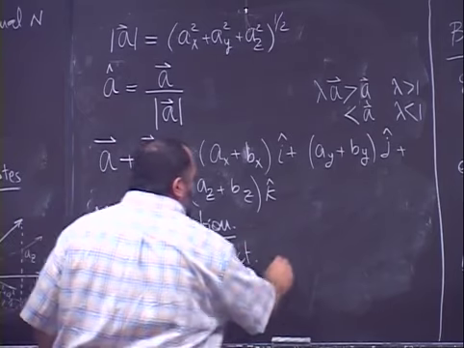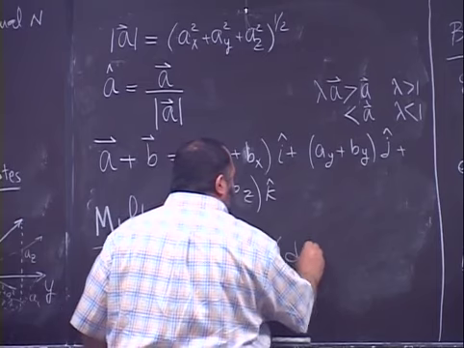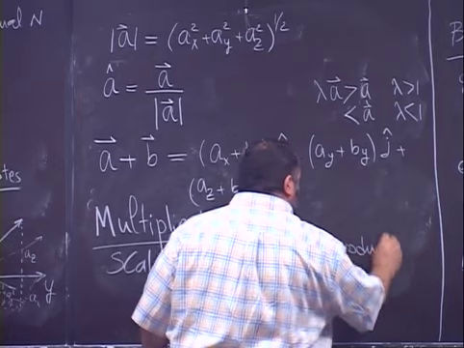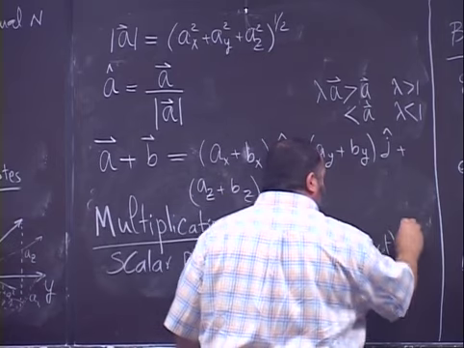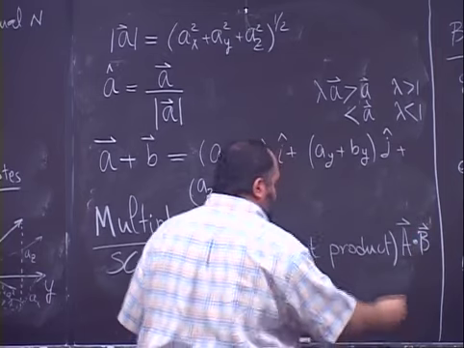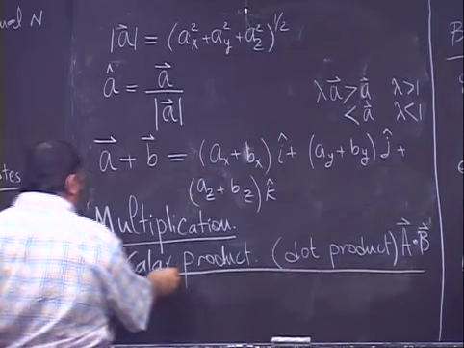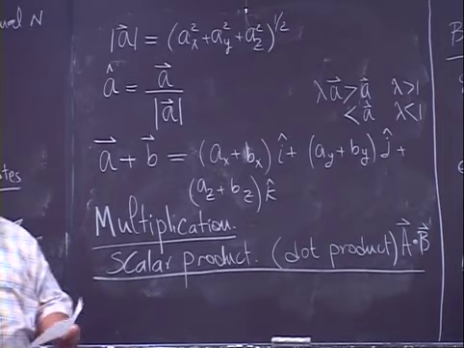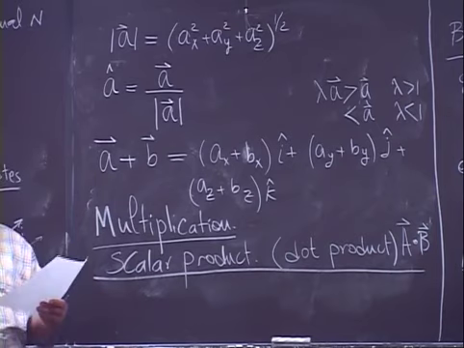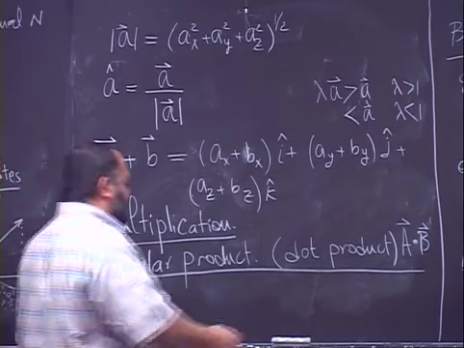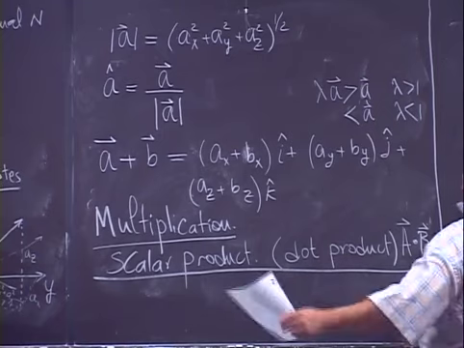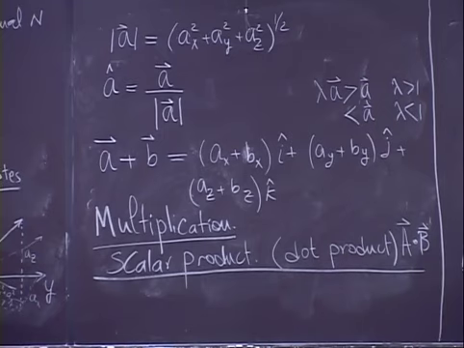And sometimes you will find that people define it as the dot product, and they name it A dot B. So how will we multiply vectors using this scalar multiplication?